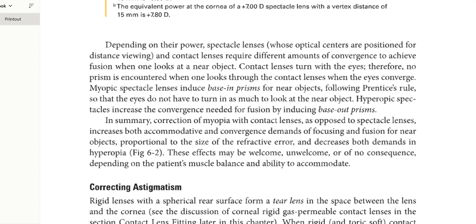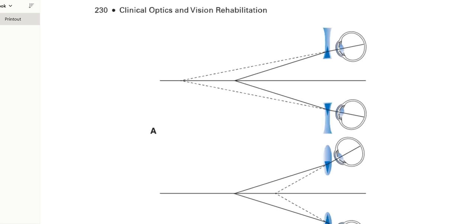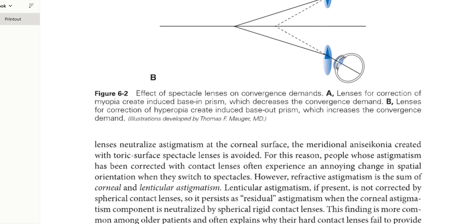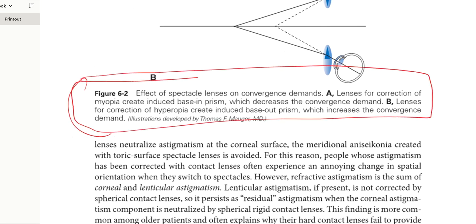And just give a quick read to these topics: correcting astigmatism, etc. Something written here is very important. Lenses for the correction of myopia create induced prism base in, which decreases the convergence demand, while lenses for the correction of hyperopia create induced prism base out, which increases the convergence demand.